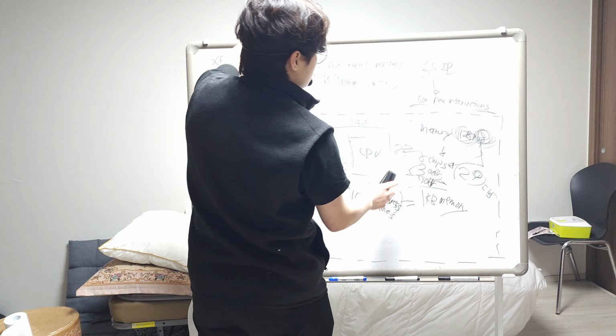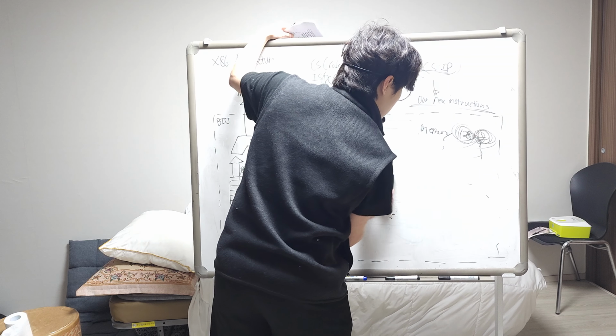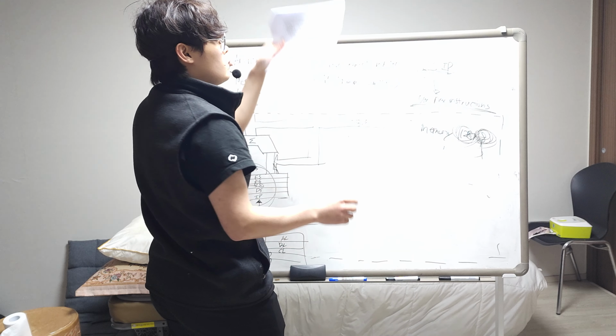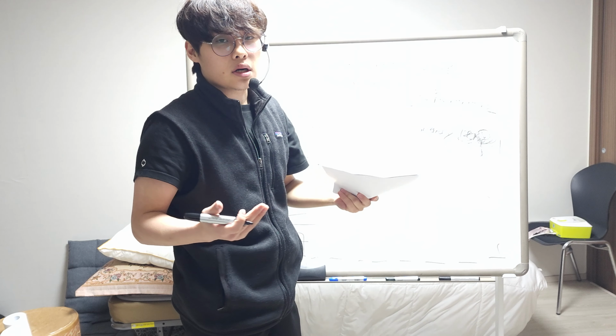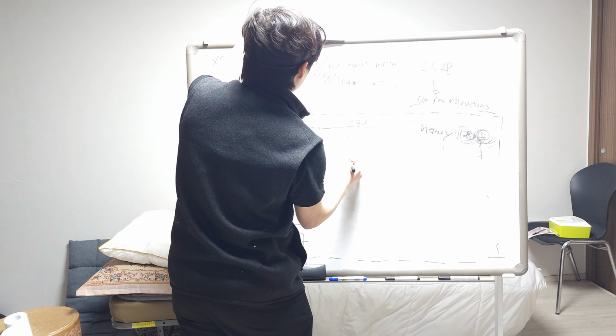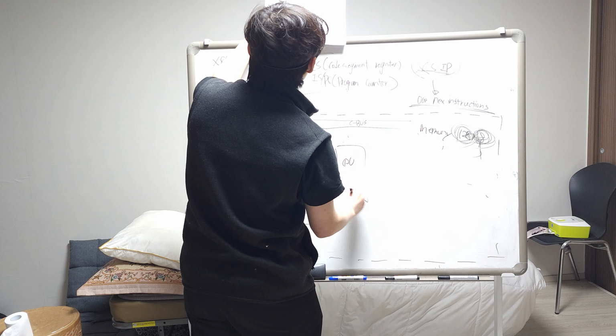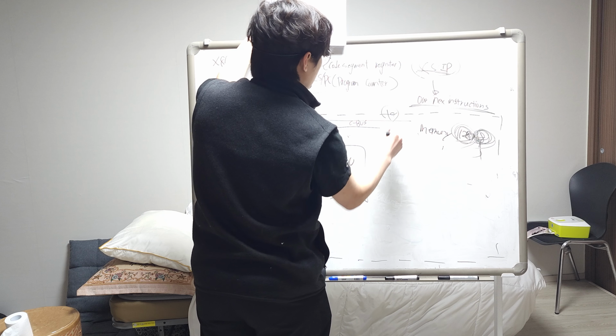The reason this is important is that, based on this, we can see how the physical hardware works. For example, this is the CPU, and let's assume 10 address lines, right?